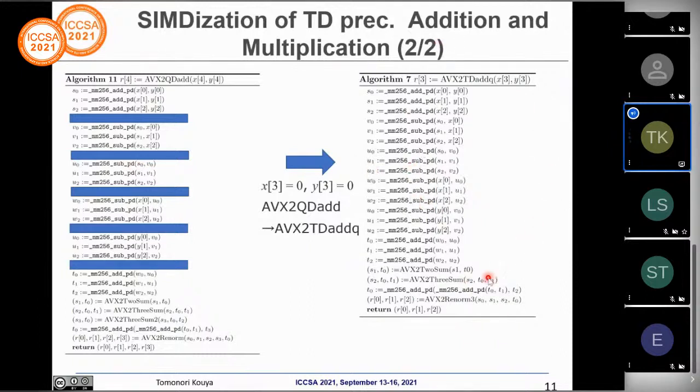This new triple double addition, we call it triple double addition Q, and it can be faster than the original simulated triple double addition proposed by Fabiano et al.